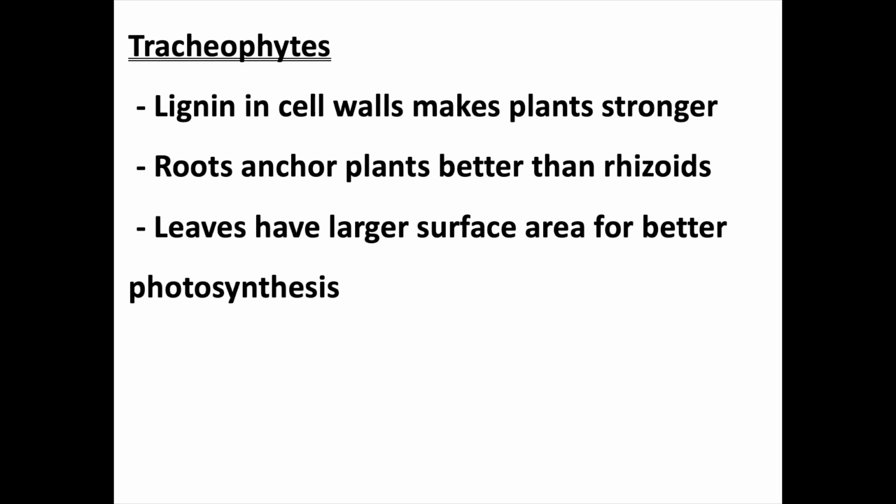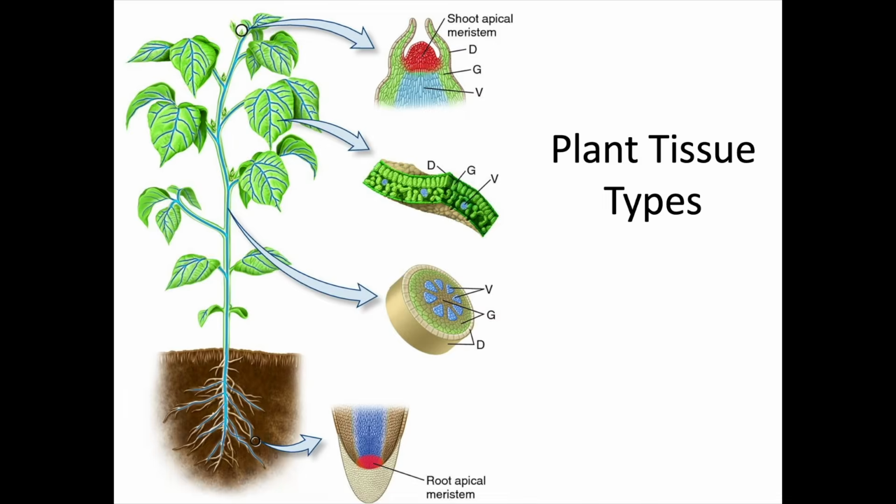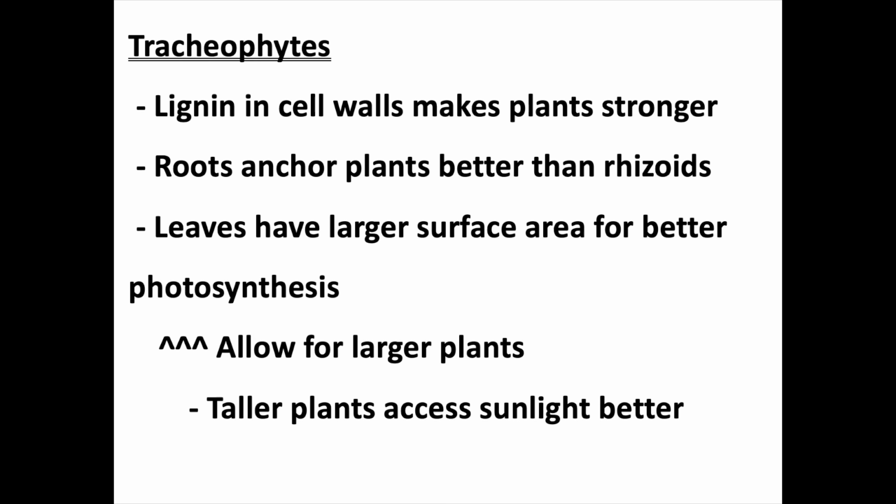Another evolutionary innovation in tracheophytes is, again, real roots with real vascular tissue. They do a much better job of anchoring plants than rhizoids did. And leaves, again, real leaves, not thalli, they can also get bigger. They can have a bigger surface area. They can do photosynthesis better. So real roots, real leaves, major upgrade here.